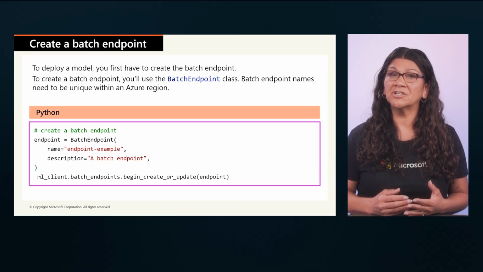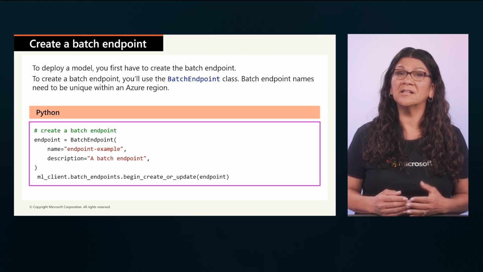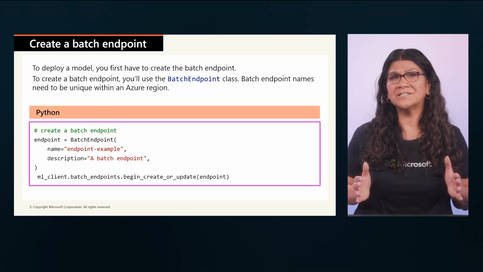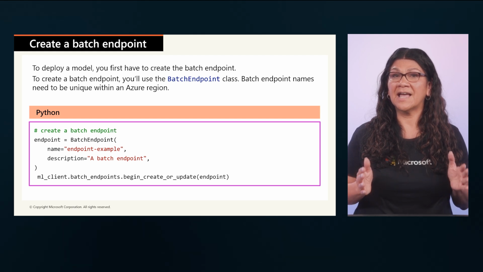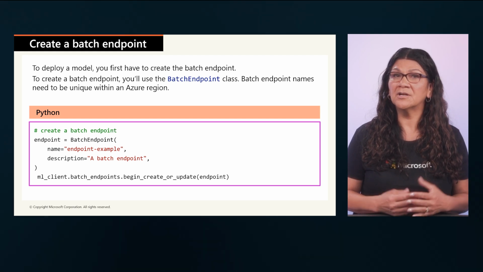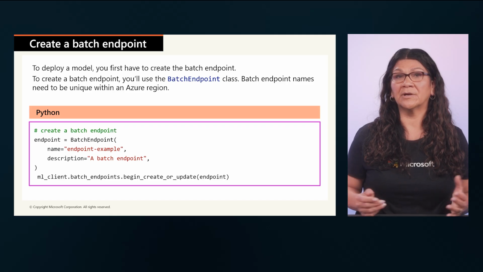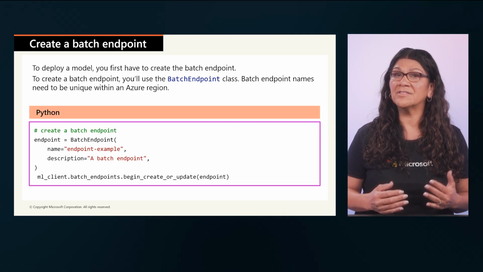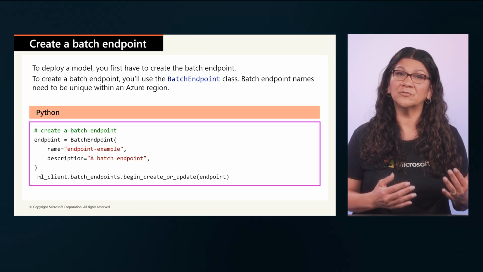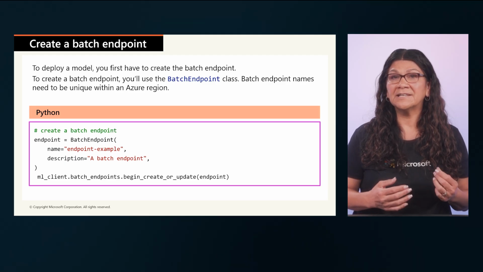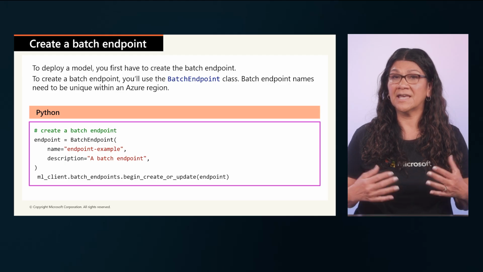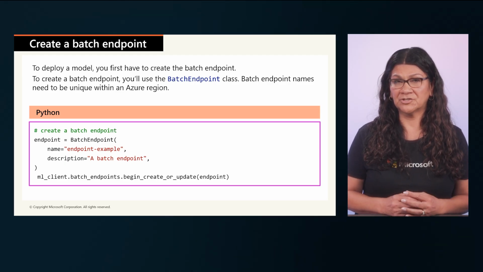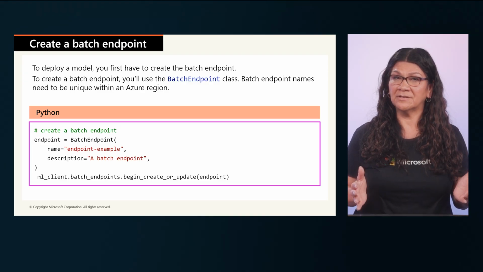Before a model can generate batch predictions at scale, you first create a batch endpoint, an HTTPS entry point that Azure Machine Learning can trigger for large batch scoring jobs. Using the batch endpoint class in the Python Software Development Kit version 2, you define key properties such as endpoint name, which must be unique within your Azure region, and a description.